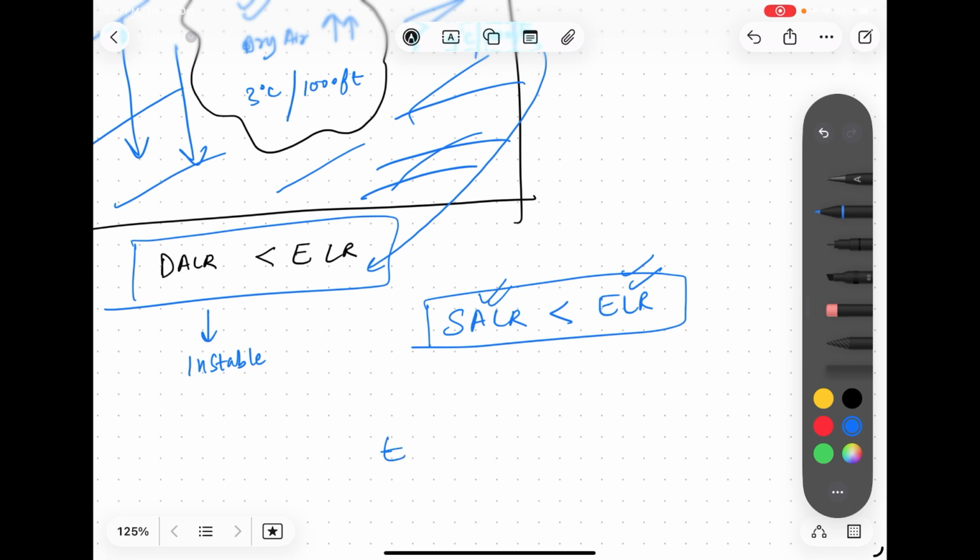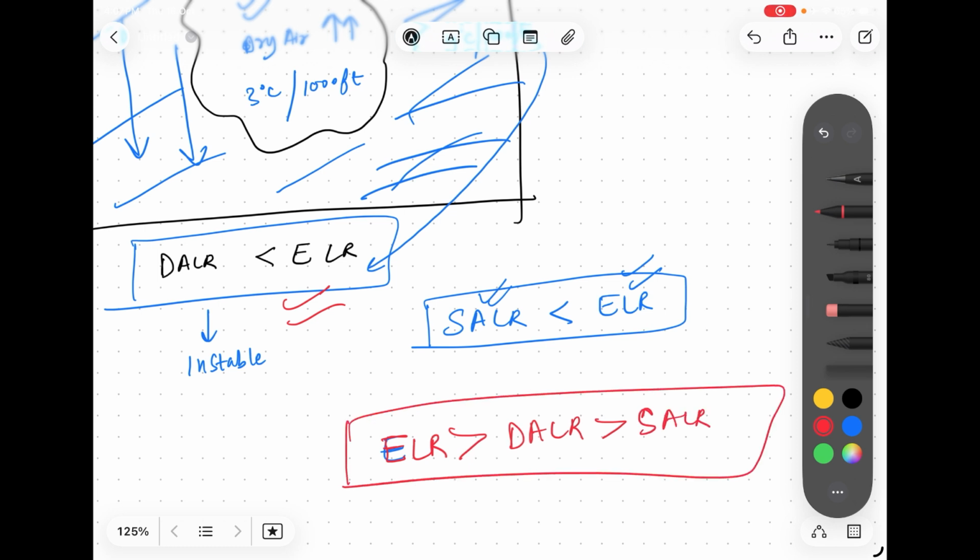When your ELR, so I'll write it in red because this is another, ELR is more than DALR. DALR will always be more than SALR, so that's not a point. So ये वाला जो condition है, SALR is less than, it's satisfying, and these conditions are also satisfying. So this is known as absolute instability, because the air parcel will always be rising, it will never sink.